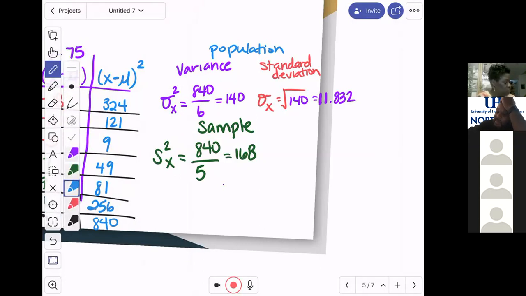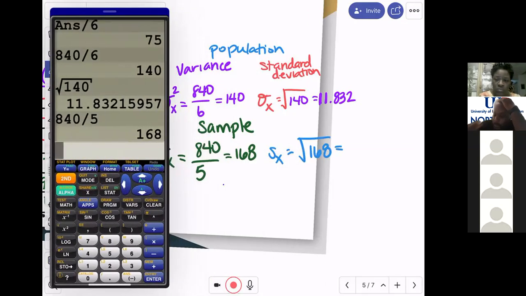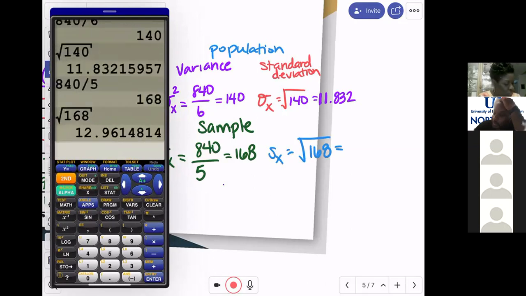then to get to the sample standard deviation, which we call S of X, it's equal to the square root of just 168. So the square root of 168 is equal to 12.961.